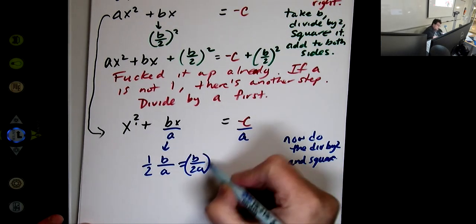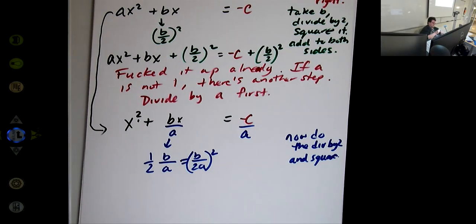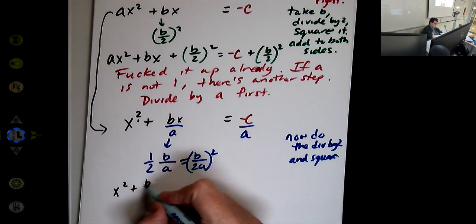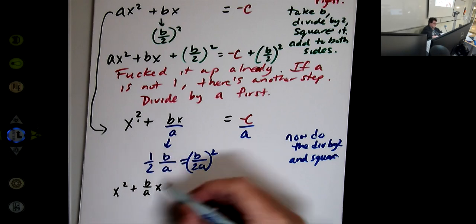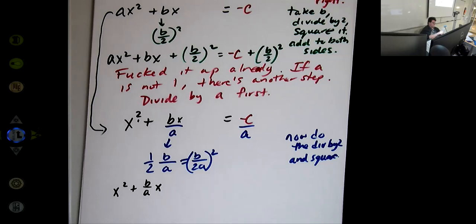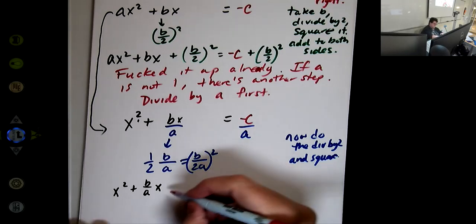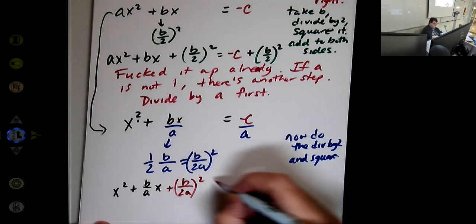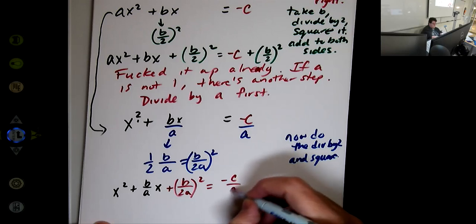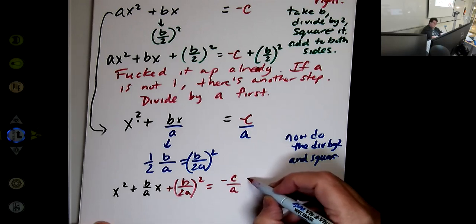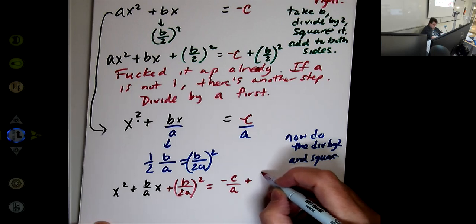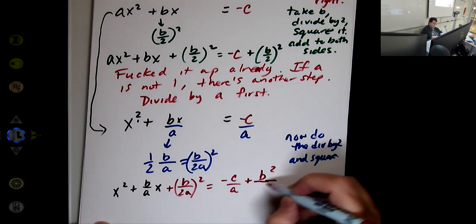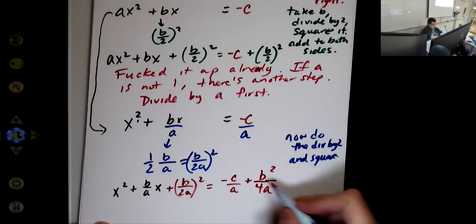So that's what I'm going to square, and that's what I'm going to add to both sides. Squared over 4a squared.